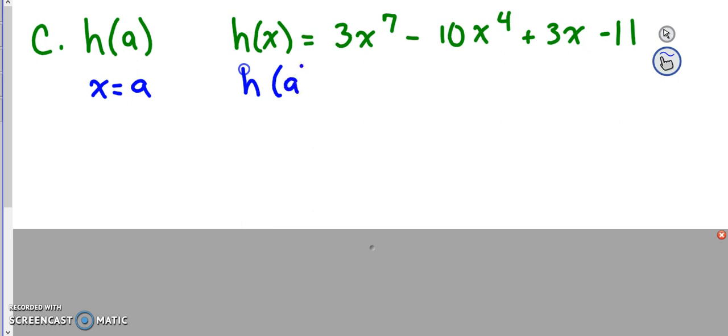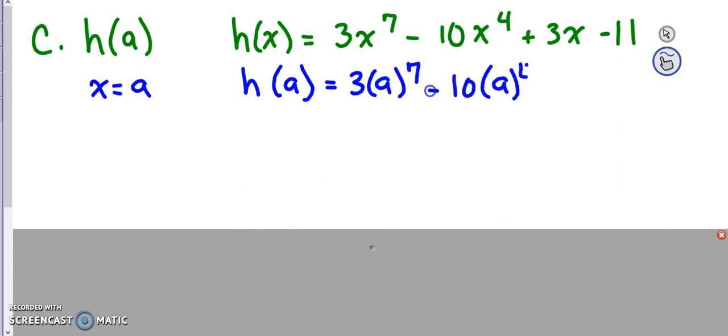So again, all we're doing is substituting a in here. So this one should be very simple and easy to remember to do. So substituting a. And here I always do parentheses just to show you that that's where it was substituted. And now, when we do the next part, all you have to do is just drop the parentheses off, because a to the 7th power is a to the 7th power.